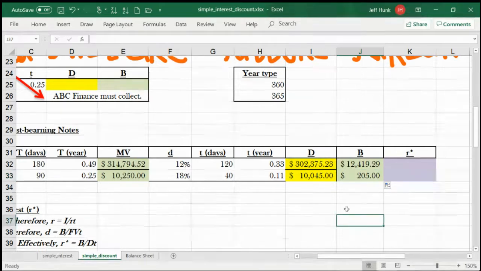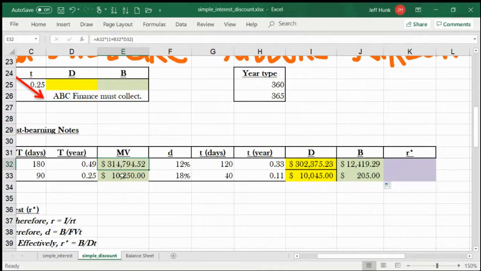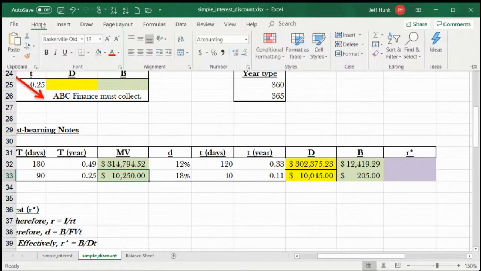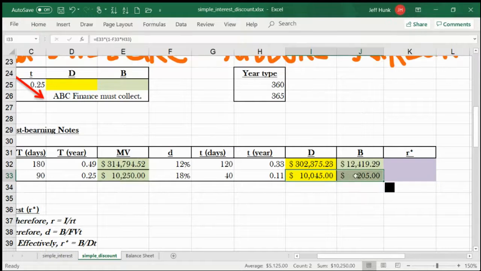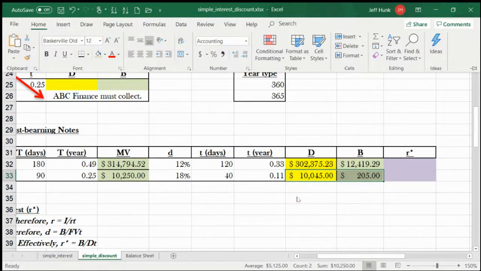Now, last but not least, I always say what's important is also the housekeeping, right? I don't want to leave it like this, so I will make the bottom border.